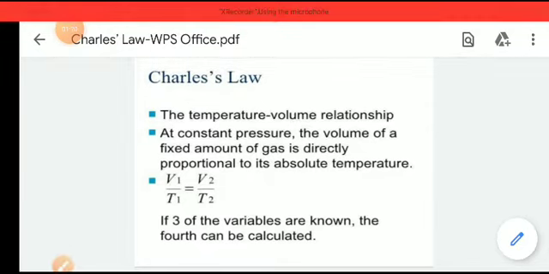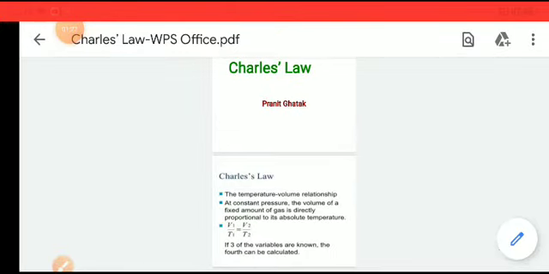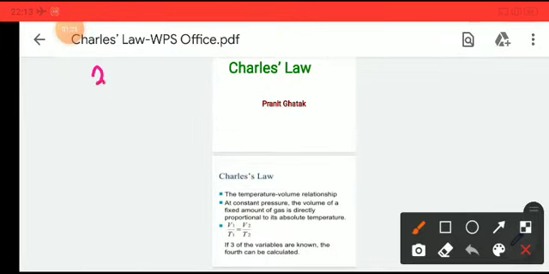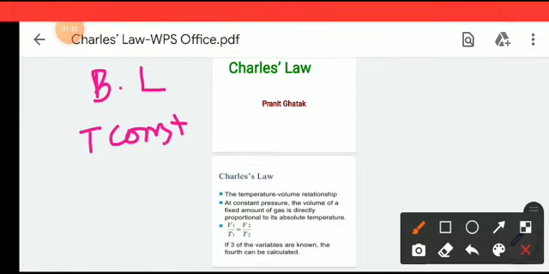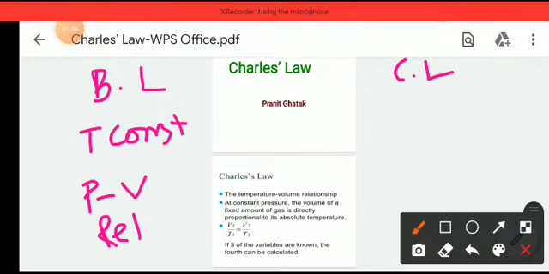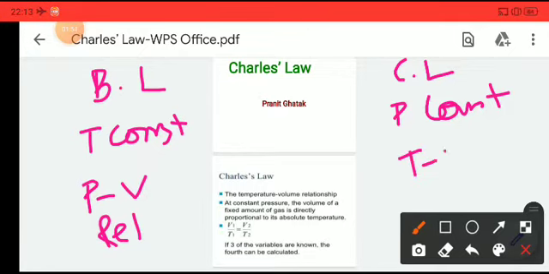Let me repeat myself so that you get a clear idea. In Boyle's Law, temperature was constant and the relationship shown is the pressure and volume relationship. Whereas in Charles Law, pressure is constant, and the relationship shown is the temperature and volume relationship.